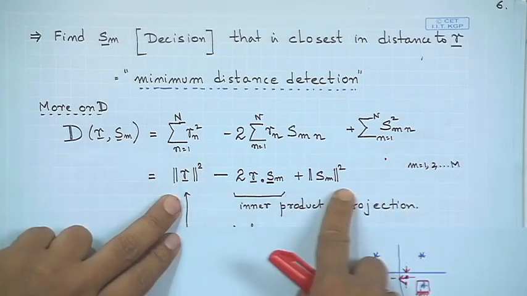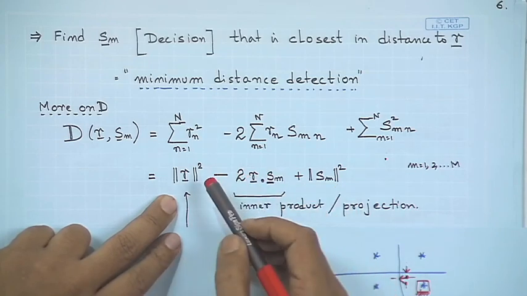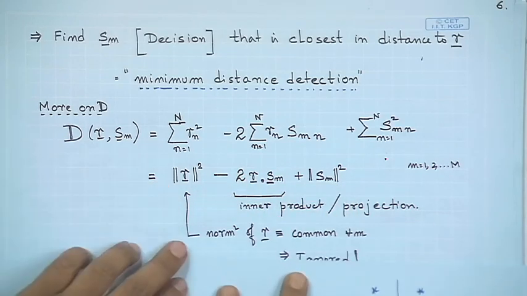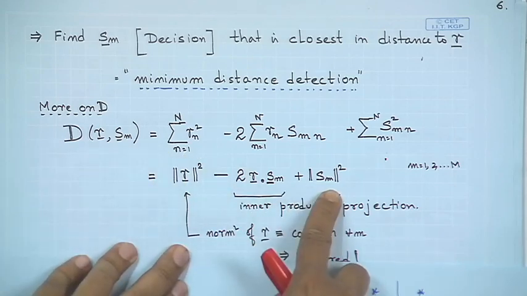This is written in vector notation, length squared, and what you see is that the first term is common to all Sm, it is not dependent on Sm.